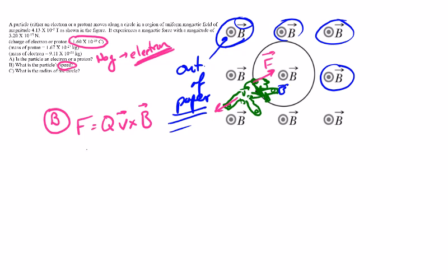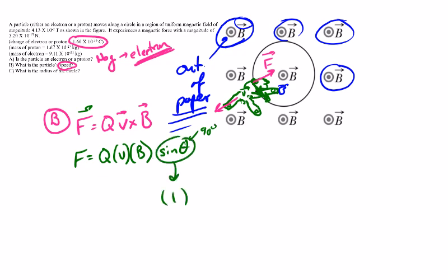So when I solve for this force, I'm going to have the charge times my velocity, my speed, times the magnetic field. It just equals that, because the sine of my angle, which is 90 degrees, equals 1, since the sine of 90 degrees is 1.